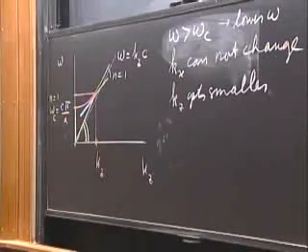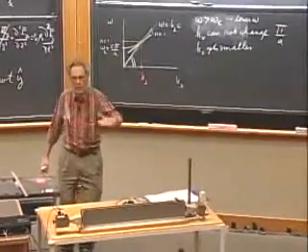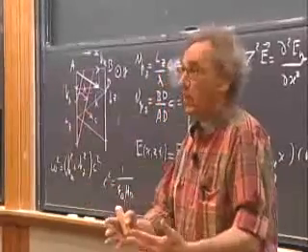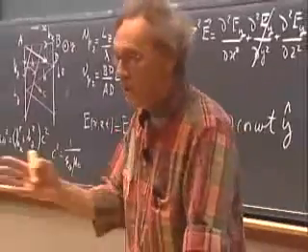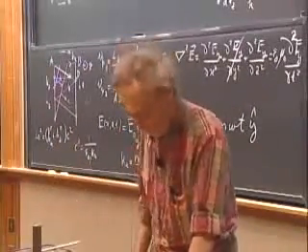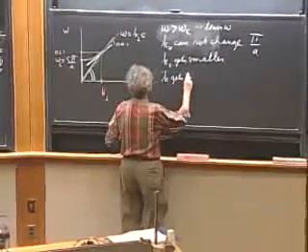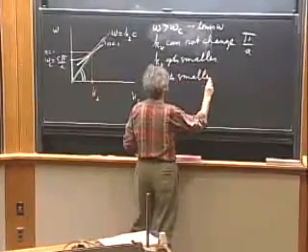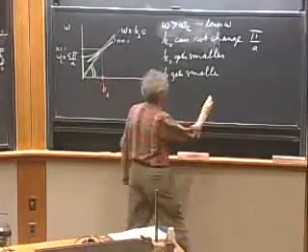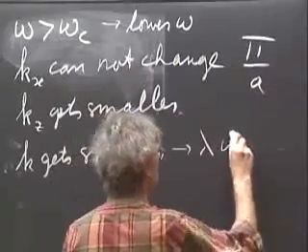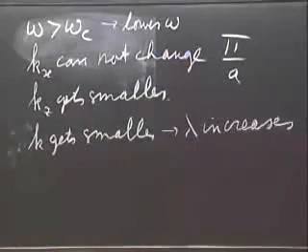Omega is always k times c. So clearly, if omega comes down, k must come down. And that means kz comes down in this case, because kx is not going to give up. And so k gets smaller. And if k gets smaller, then of course lambda increases, because lambda is 2 pi over k.